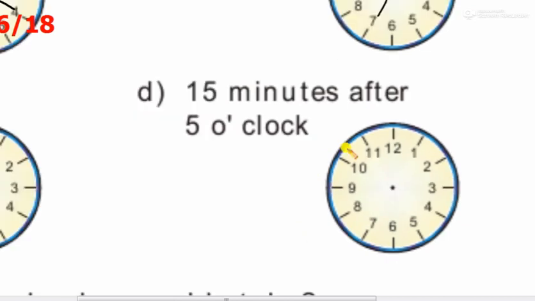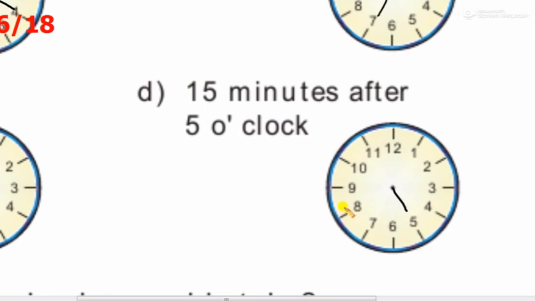And this is the last question. 15 minutes after 5 o'clock. It means 15 minutes have passed after 5. So for 5 we have to draw our hour hand towards 5. I'm going to draw. This is our hour hand and 15 minutes.